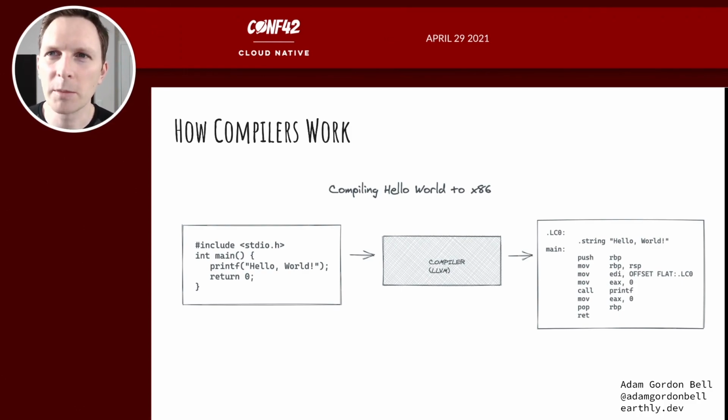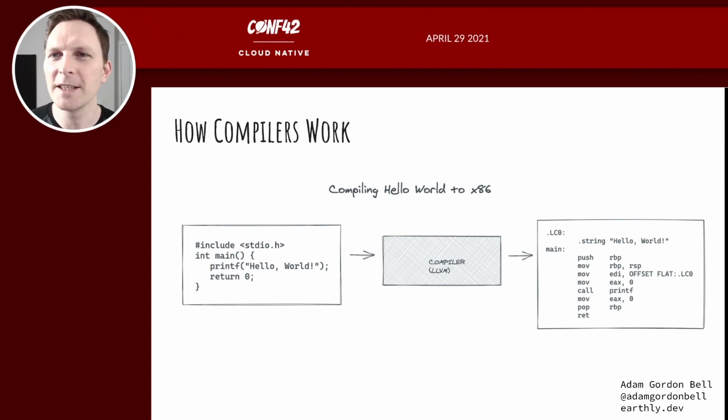So here's an example. I have this hello world, written in C. You can see it here on the left. I'm going to pass it to a compiler, LLVM with the Clang front end. Hello world, as an example, comes from the book The C Programming Language by Brian Kernighan and Dennis Ritchie, and we're still using this as an example today in many languages.